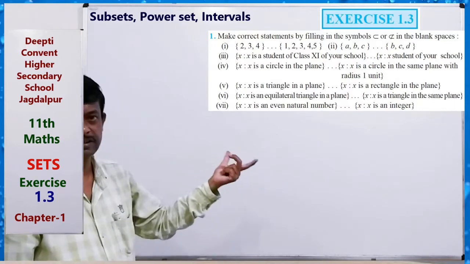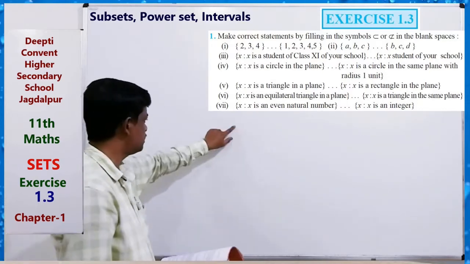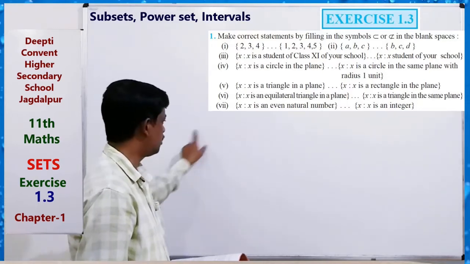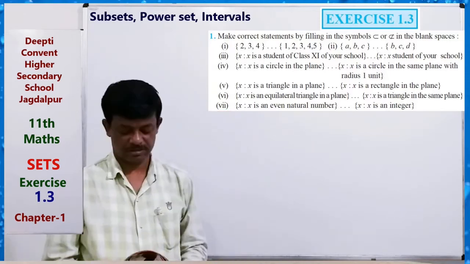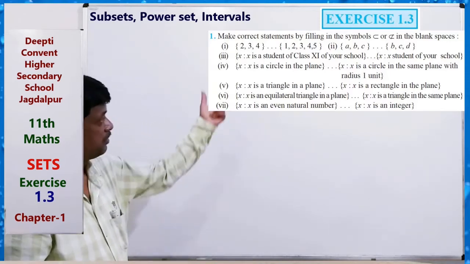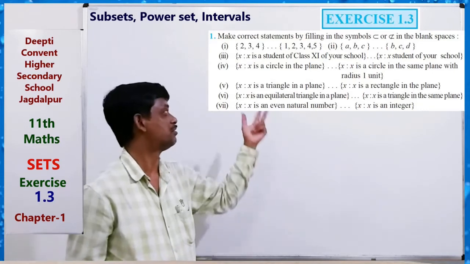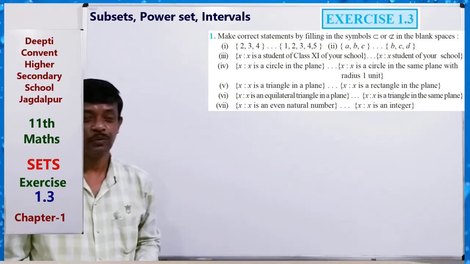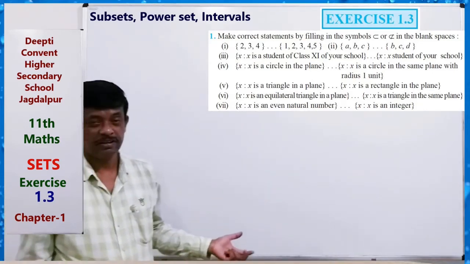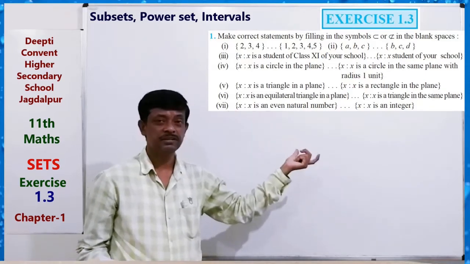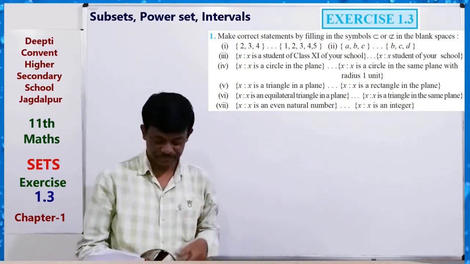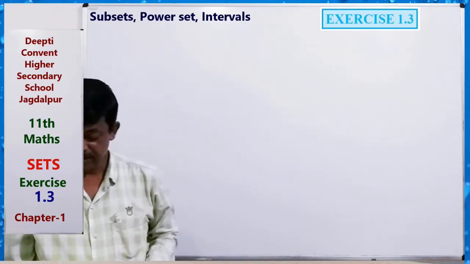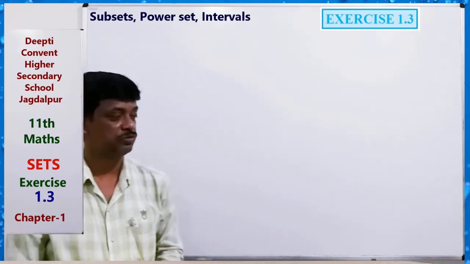So subset; if it is a subset you have to put this symbol. Okay, so this was the solution of question 1, very simple, based on the definition of subsets.